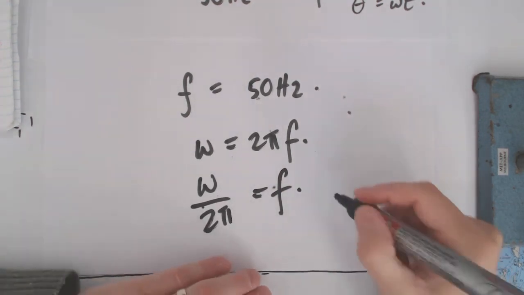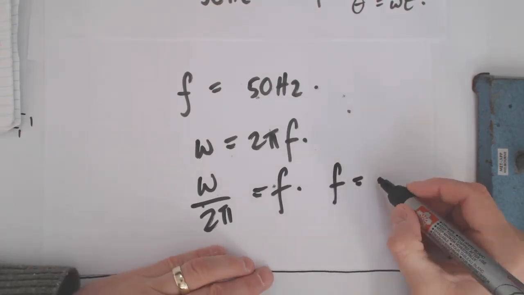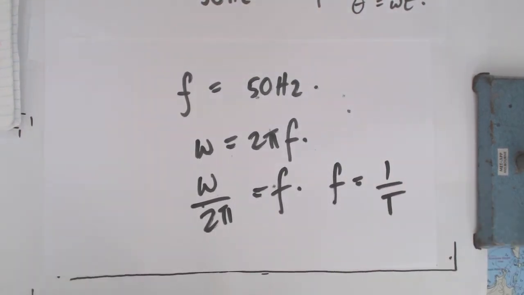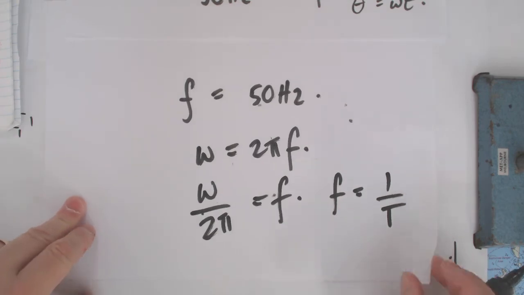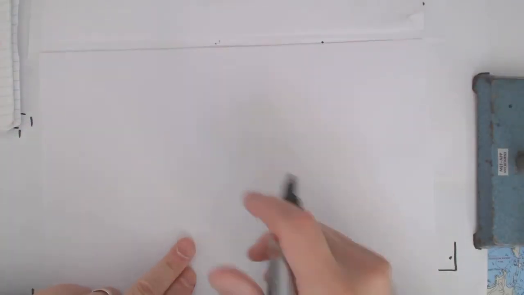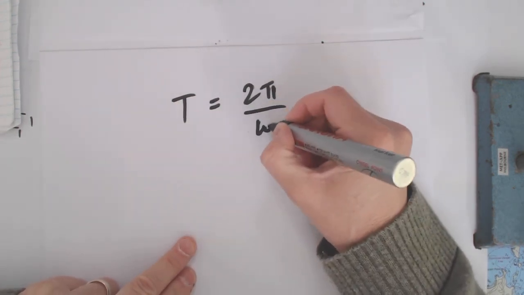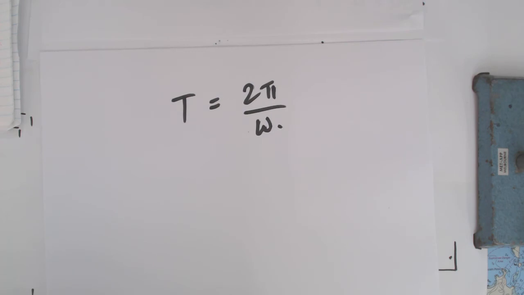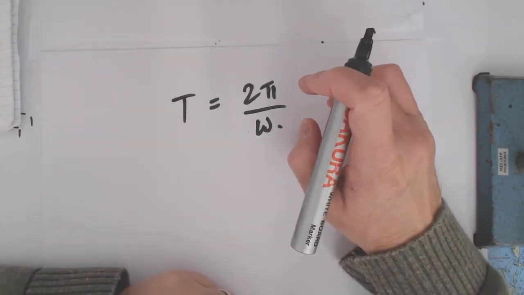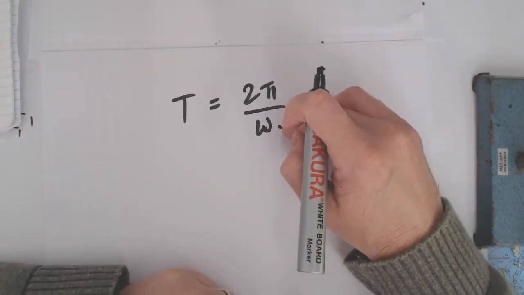And frequency, as we know, is equal to 1 over T. So there's another formula, and this is one you should remember. All right, there's another formula which is T equals 2 pi over omega. What we're saying is the period is equal to 2 pi, 6.28, divided by radians per second.